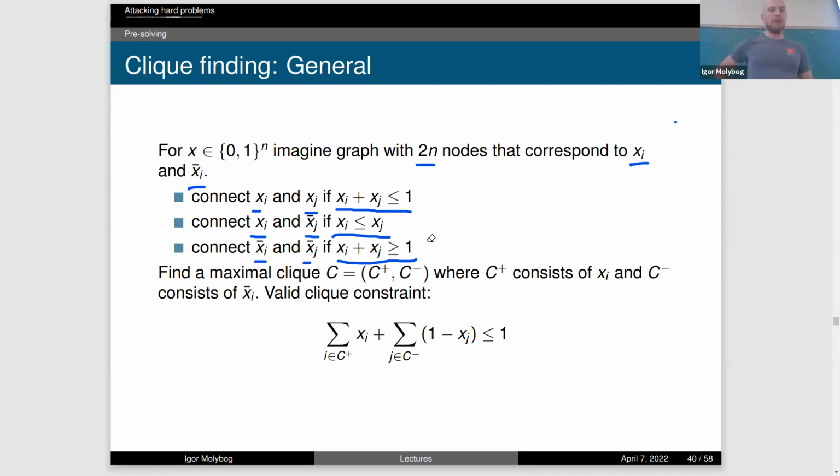Then what we do is find a maximal clique in our graph. Do you remember what a clique is?